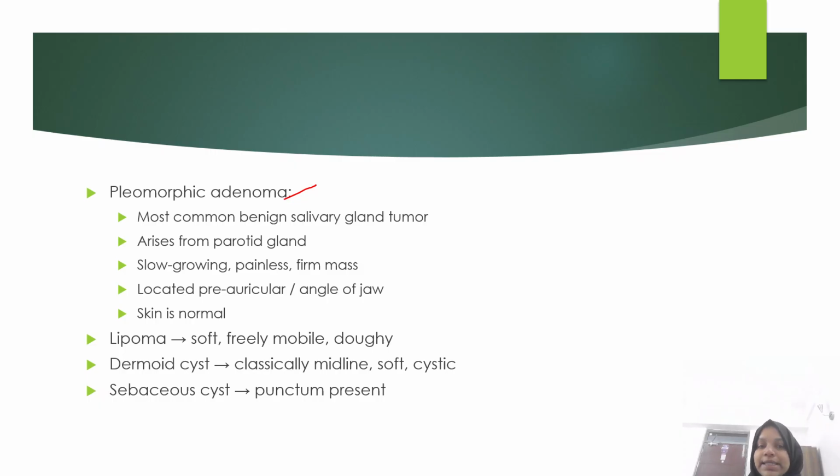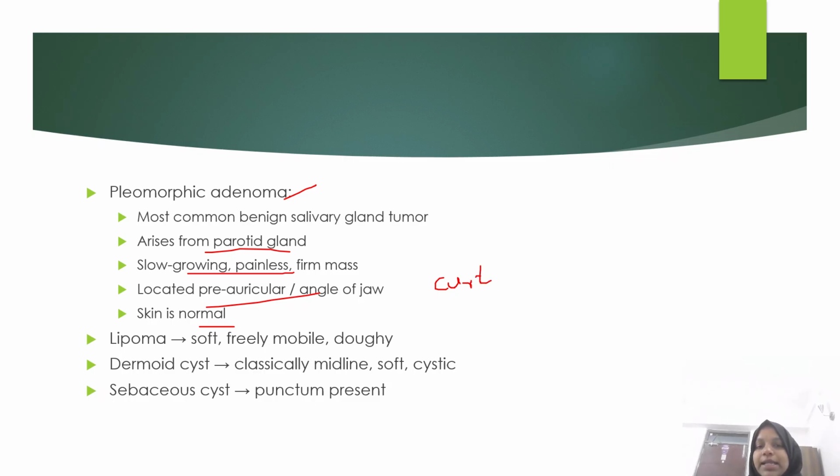It's the most common benign salivary gland tumor, arising from the parotid gland or sometimes from the submandibular gland. It's a slow growing, painless, firm mass, located pre-auricular or over the angle of the jaw, and the skin is normal. There is one sign called the curtain sign, and it lifts the ear lobule.